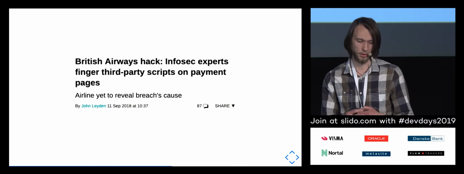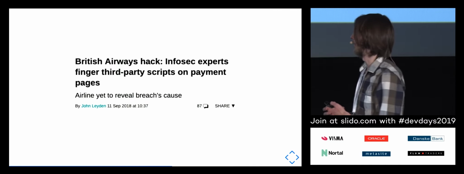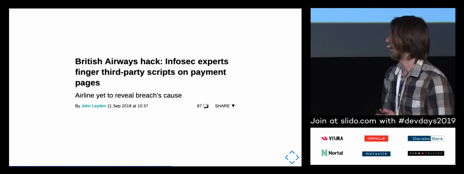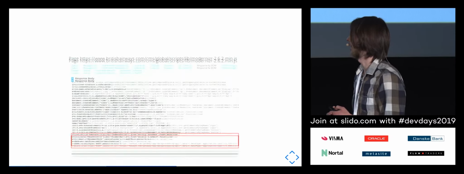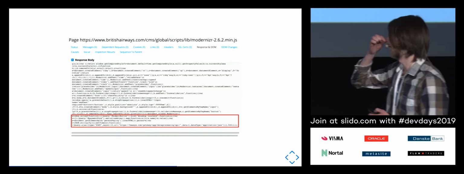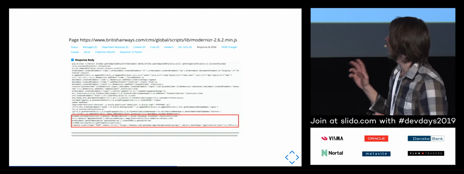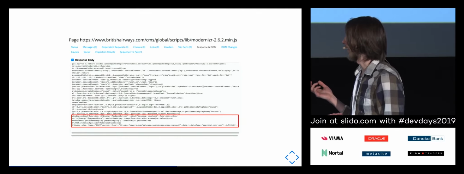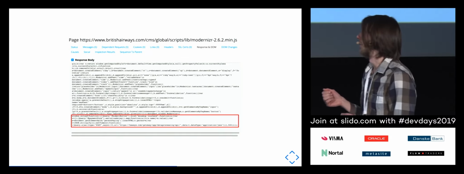And again, a real story about British Airways. They used the library Modernizr from CDN, and they were hacked. How was it done? The CDN itself was compromised, and to this library was added just a few lines of code.